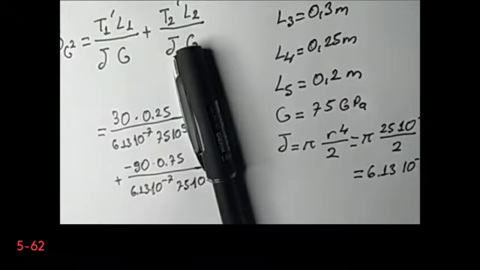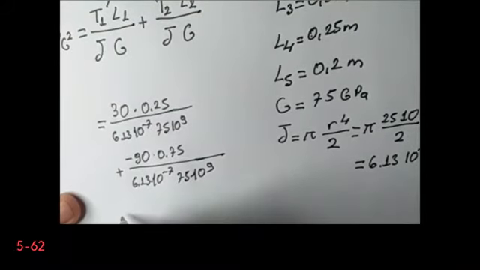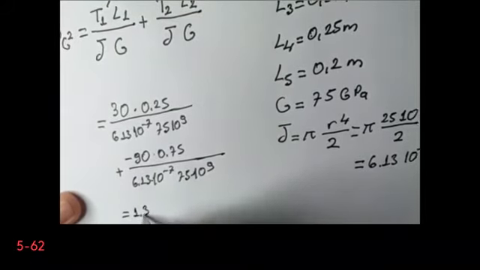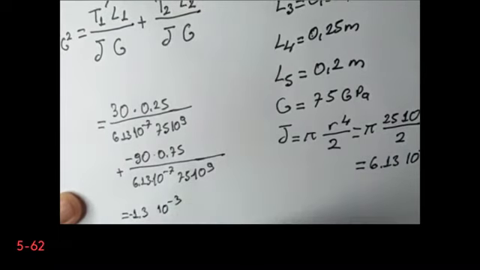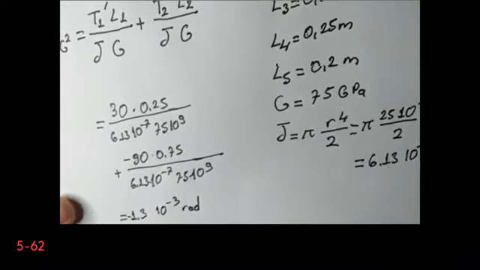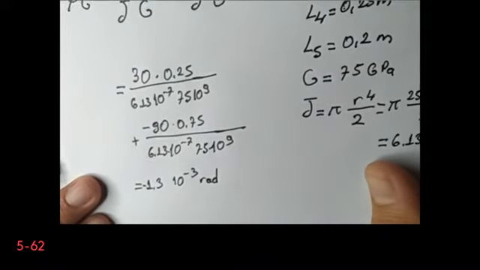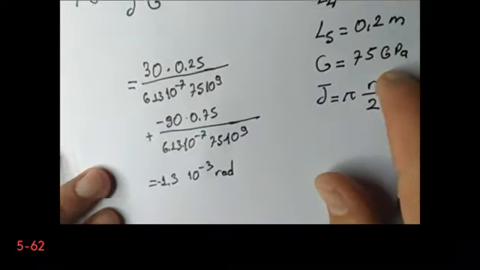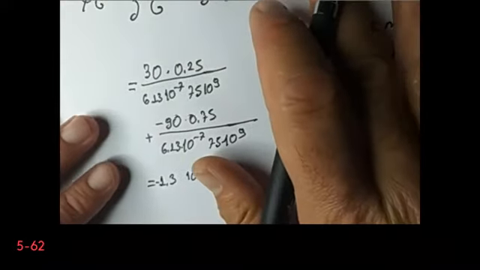If you do the calculation, what you are going to get is 1.3 10 to the power minus 3, of course this is minus, radians. This is the relative deformation, relative twist of gear 2.